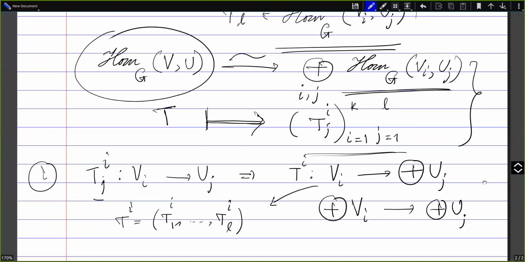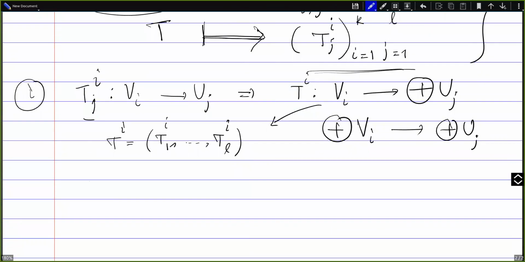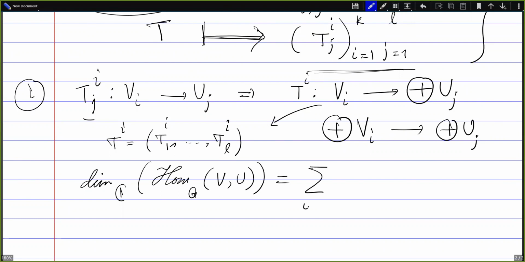So the dimension of this is basically the direct sum over i, j of the dimension of Hom_G(Vi, Uj).